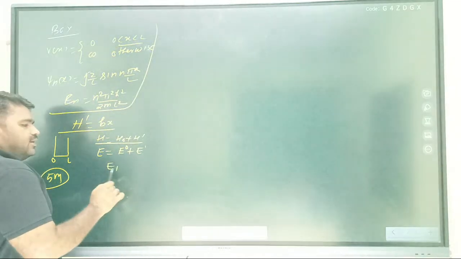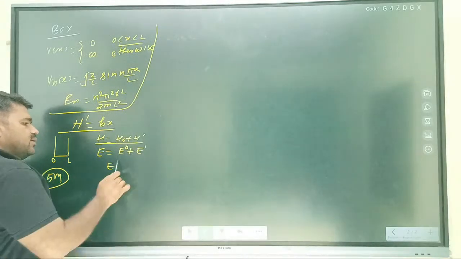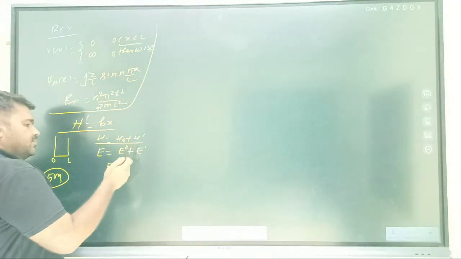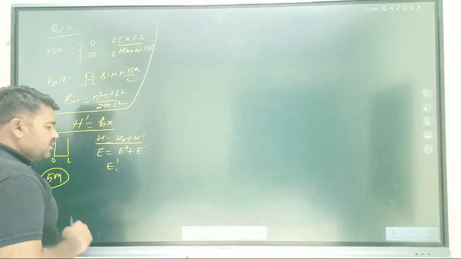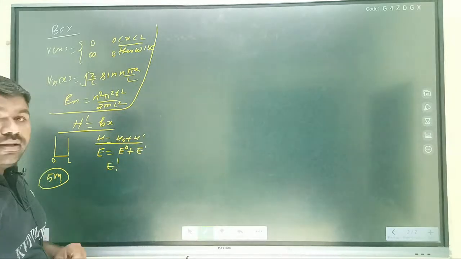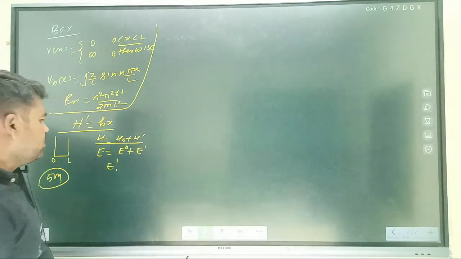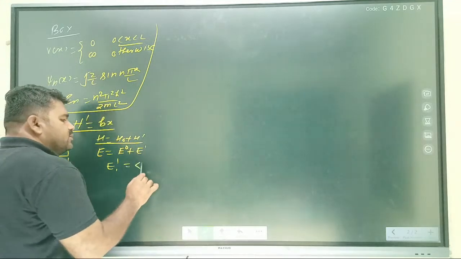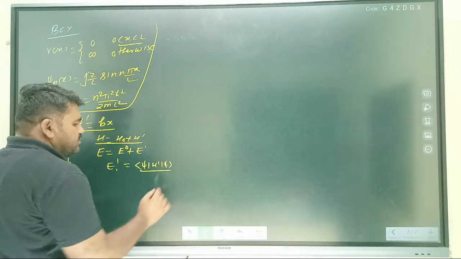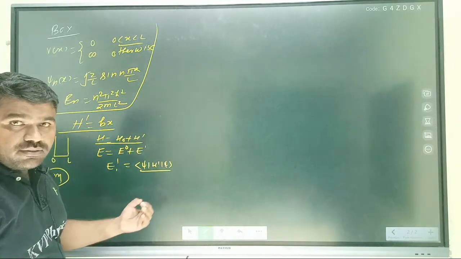This one indicates the first energy level, and here 0 indicates the unperturbed ground state. This is the first order correction to the energy, which is equal to the expectation of psi H prime psi, like that.